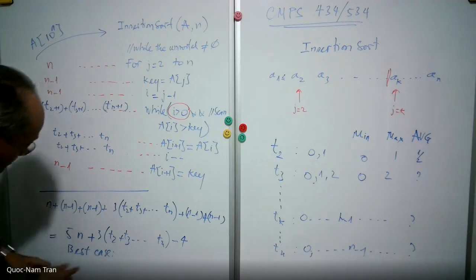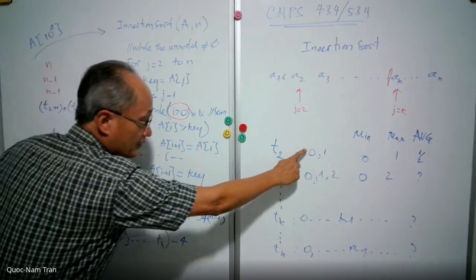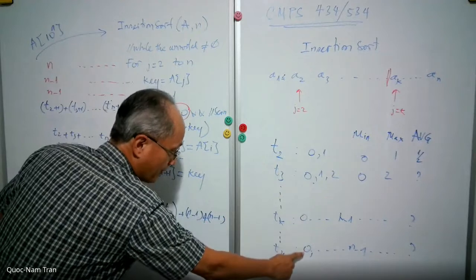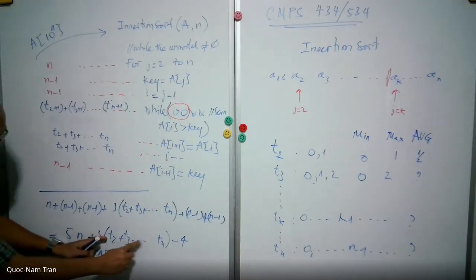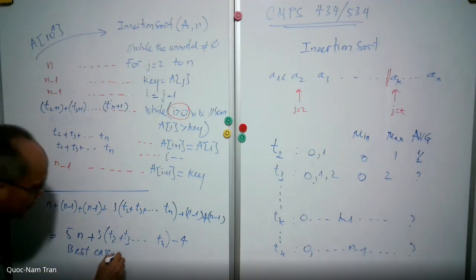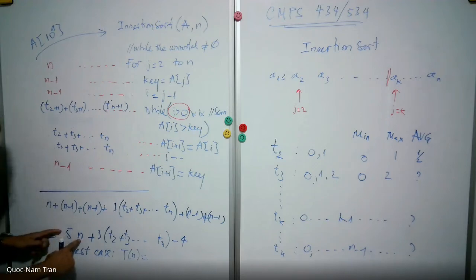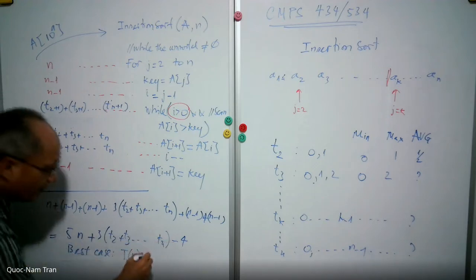Best case means that all of the values here have the smallest number, meaning they are all 0, so Tn will be 5n minus 4.